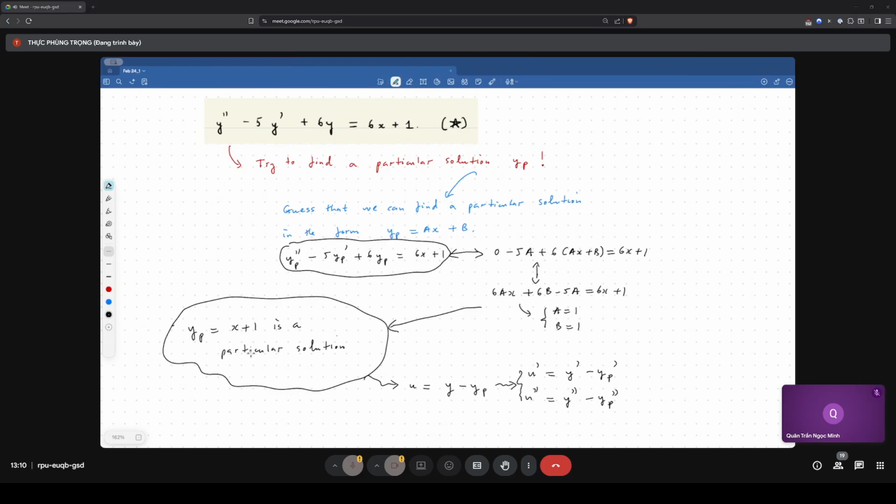After you get a particular solution, how to find all solutions? Just set u equals y minus yp and see what we get then. Now you have u prime and u double prime, and then you put them in, maybe I write y first. So from here, you say y is u plus yp, and then you get y prime and y double prime.